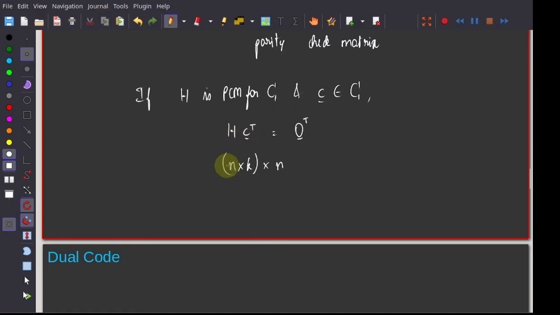So basically, what is C equal to? This is equal to the null space of H, right? Or in other words, it is the set of all vectors c in F to the n such that H times c transpose is equal to the zero vector.